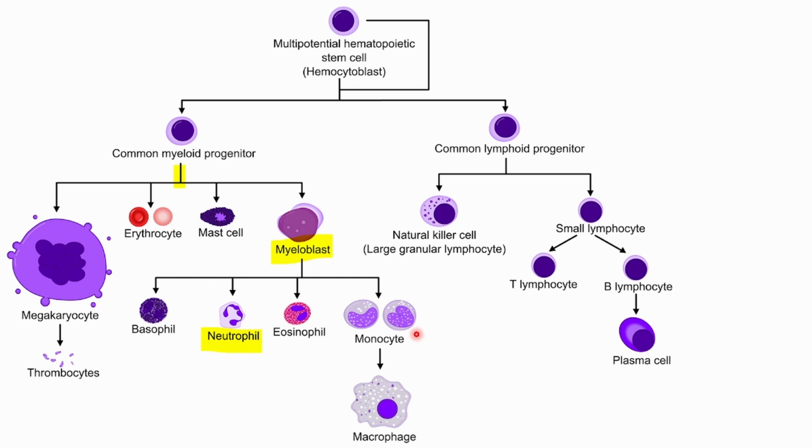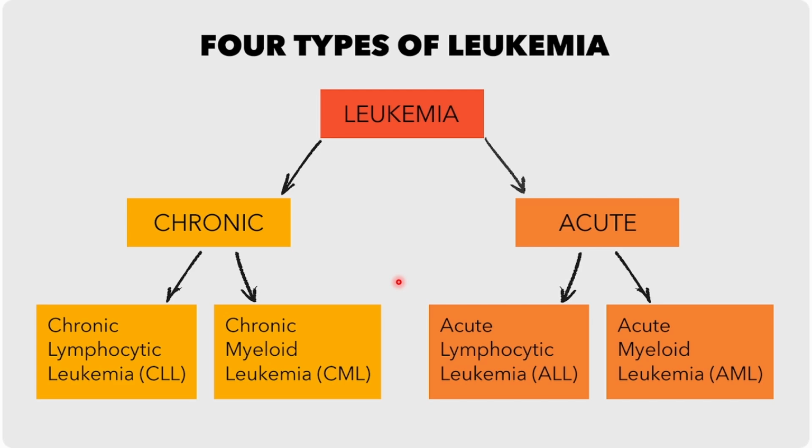So there is huge proliferation of these WBCs due to some abnormalities or genetic mutations, which is not normal, not healthy, that is pathological. So we understood leukemia means blood cancer, in which the WBCs are proliferating excessively in number.